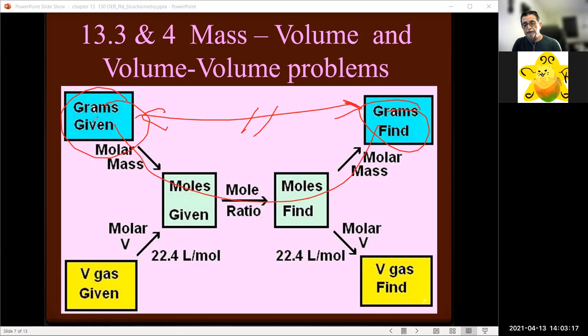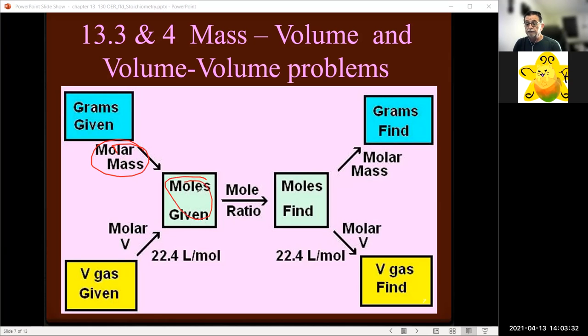And so if I'm given grams, obviously the first thing I need is the molar mass or atomic weight if it's an element. So I need the molar mass because dividing by the molar mass gives me the moles that I'm given. The mole ratio comes from the balanced chemical equation, which pertains to the two entities that I'm trying to calculate. Okay, you're only going to be calculating two entities.